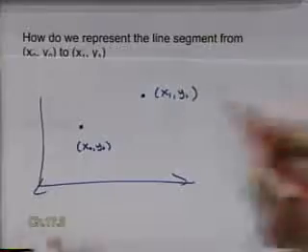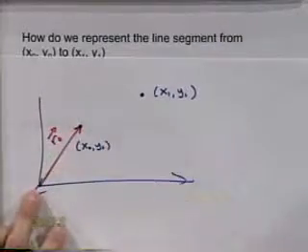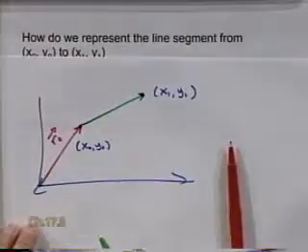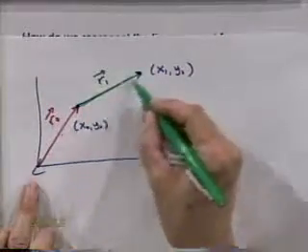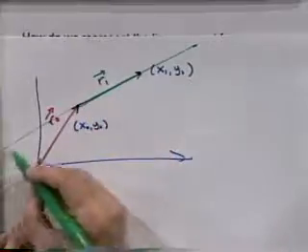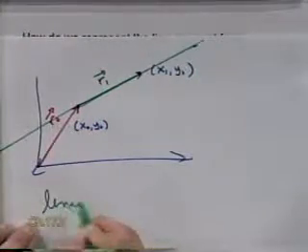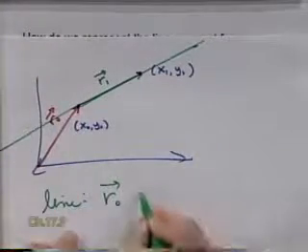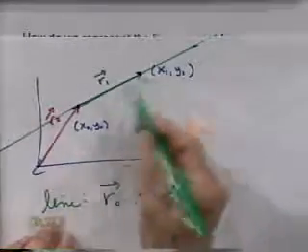Vectorially, we need the vector r0 pointing me to my initial spot, and then I need to have the vector showing me in what direction I go. I'll call that r1. And remember, if you take r0 and then you stretch r1 in different ways, you get that whole line here. So our equation of our line is going to be our position vector that gives me a point plus t times some vector r1, which is the difference of those two.